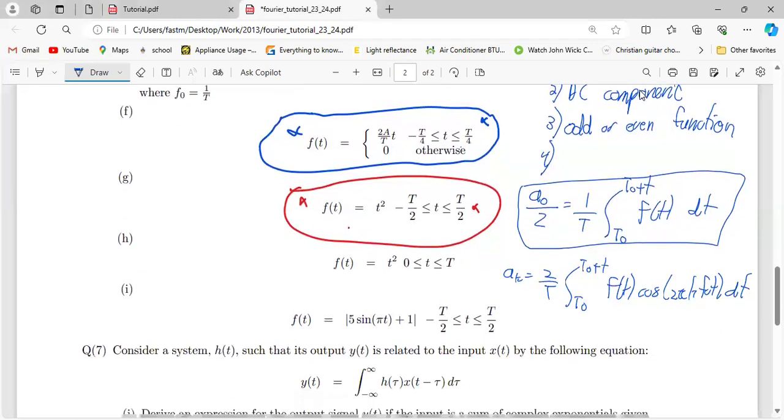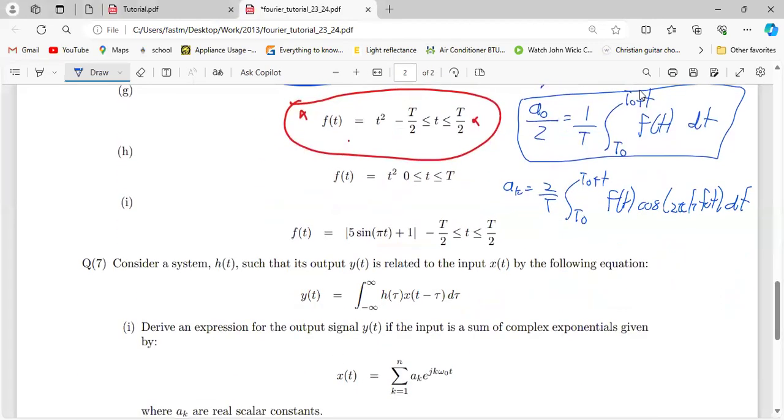And then for BK, 2 on T, same equation really, it's just that BK goes with sine. So it'll be f of t sine of 2 pi k f naught t dt.